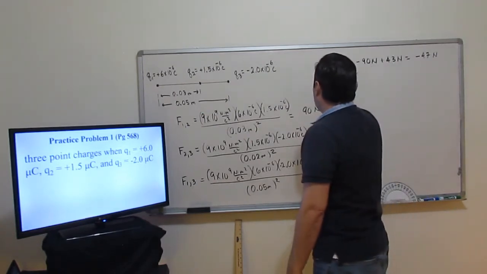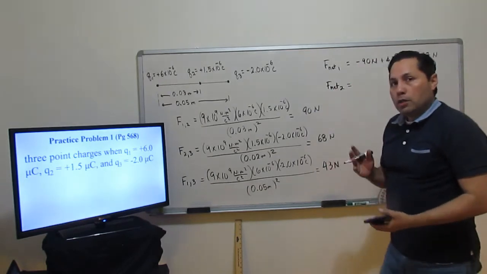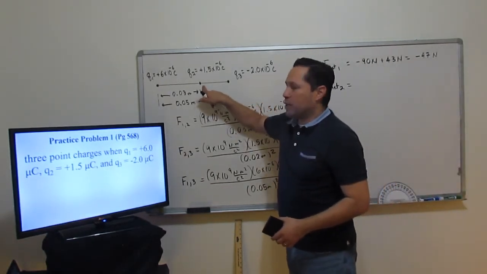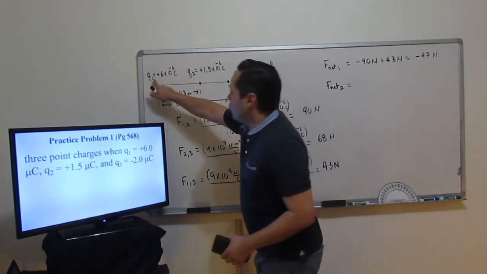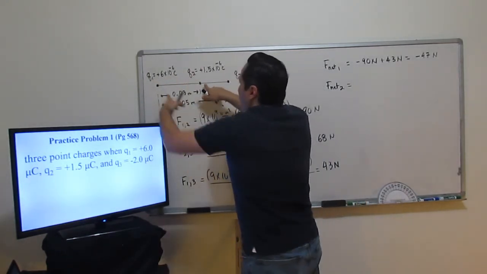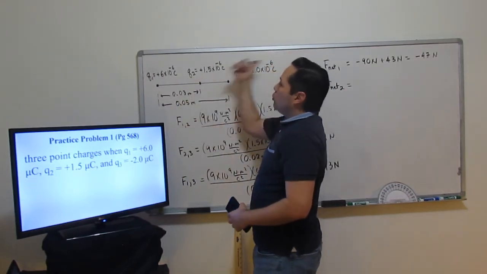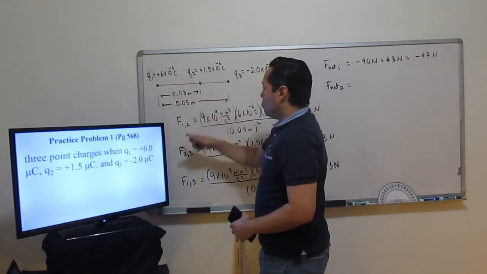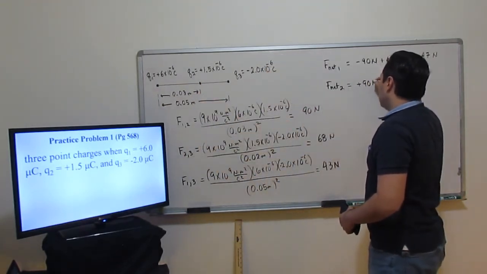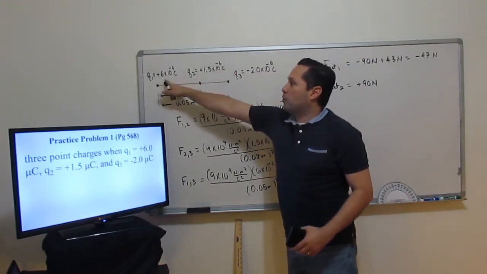Now let's solve for the net force for the second charge. What charges are acting on it? There are two of them, Q1 and Q3. Notice that Q1 and Q2 are both positive, so they're repelling. That's going to push Q2 to the right. So the force between 1 and 2 goes to the right with 90. I'm going to put positive 90 because Q2 is getting pushed away from Q1.